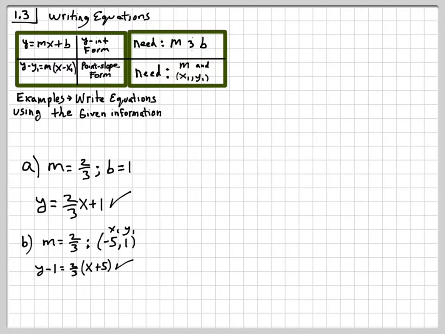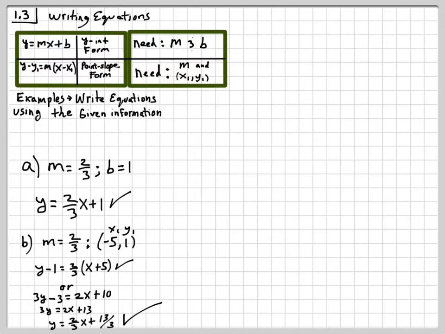Now sometimes, or actually a lot of times, they'll ask us to simplify that equation to put it in y-intercept form. That is, to solve for y. To do that, we simply modify that equation.